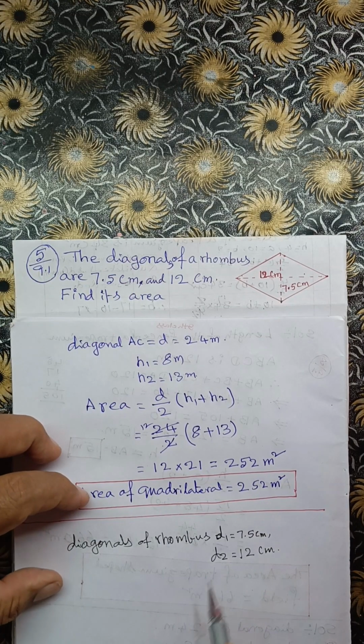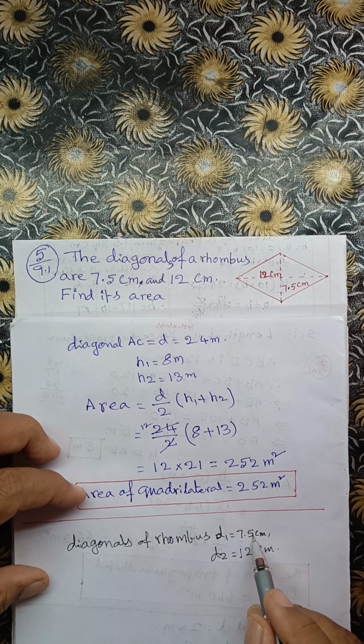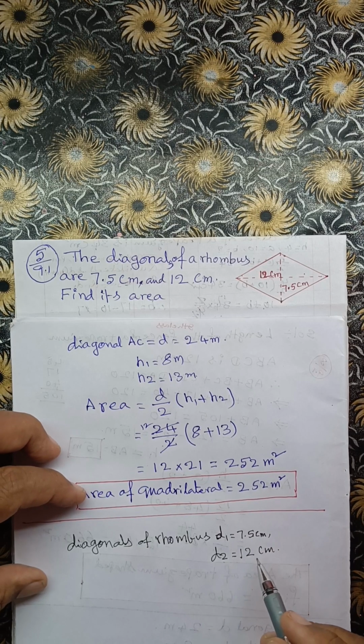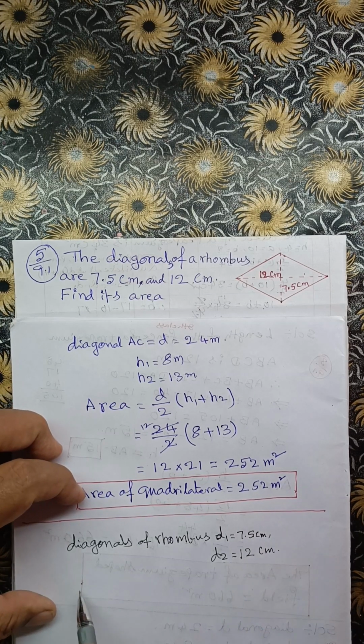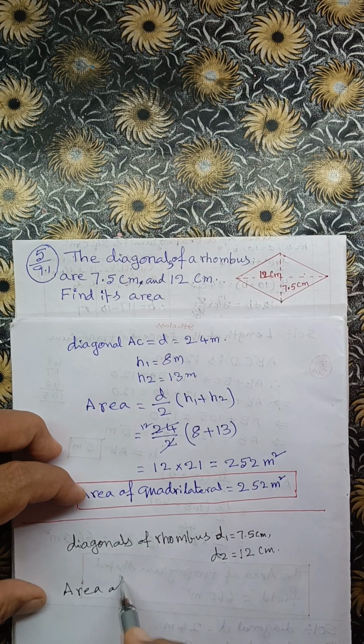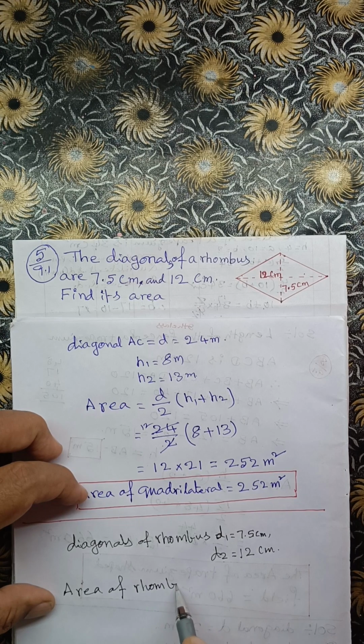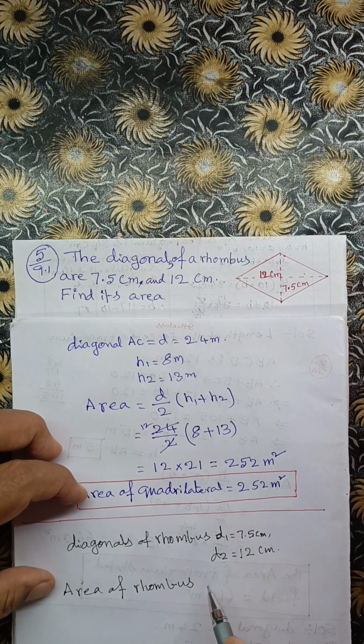So d1, d2 are 7.5 centimeter and 12 centimeters. Now, area of rhombus. Area of rhombus formula A is equal to 1 by 2 into d1 into d2.